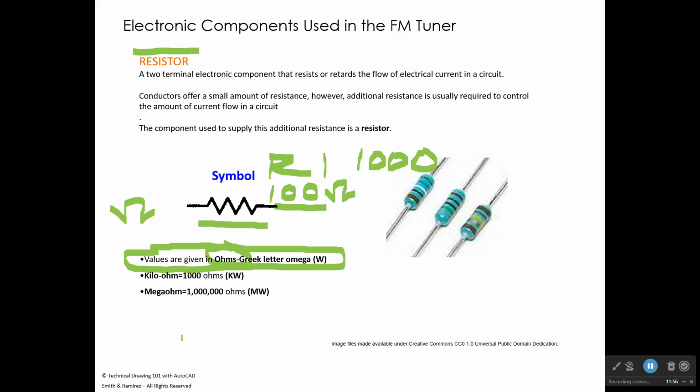Now, I want to show you something about some of the ways that we abbreviate things. There's a term called a kilo ohm and a mega ohm, and a kilo ohm means multiply times 1000. So let's say we have a resistor labeled R2 and it says 2.5 K. That K is very important because it means multiply the 2.5 times 1000.